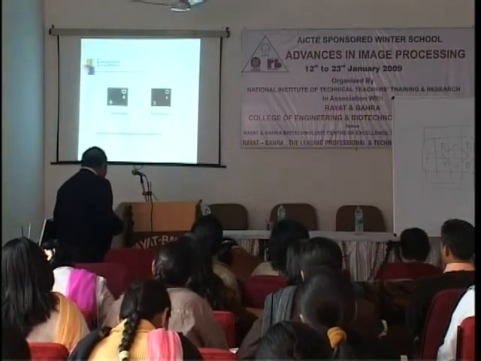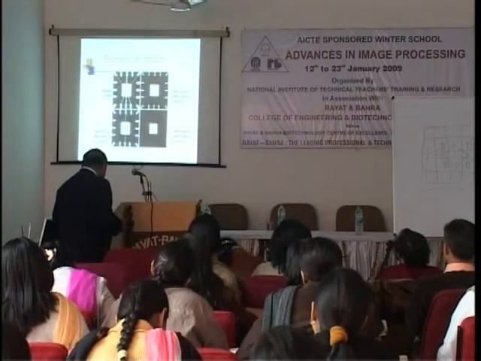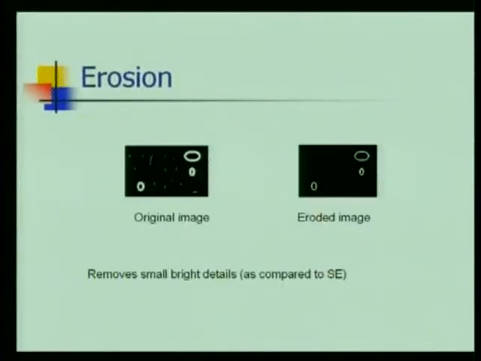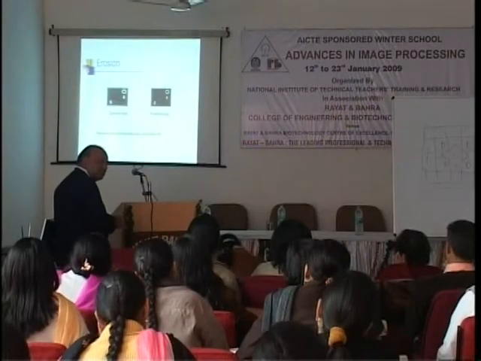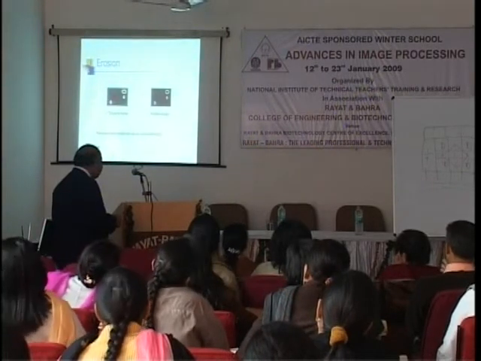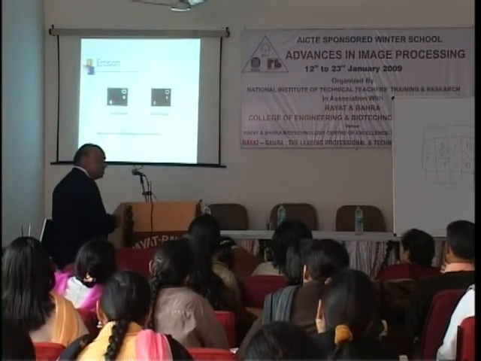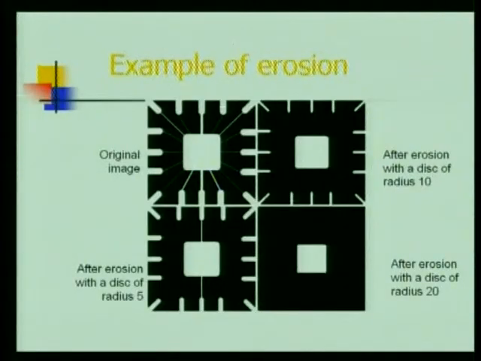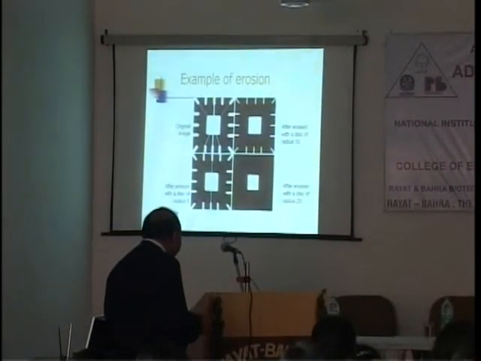In erosion, you will see this is the eroded image. I am interested in these three dots. The rest I have removed. Now just take an example. This is, say, a PCB. I just want to erode these small patches.